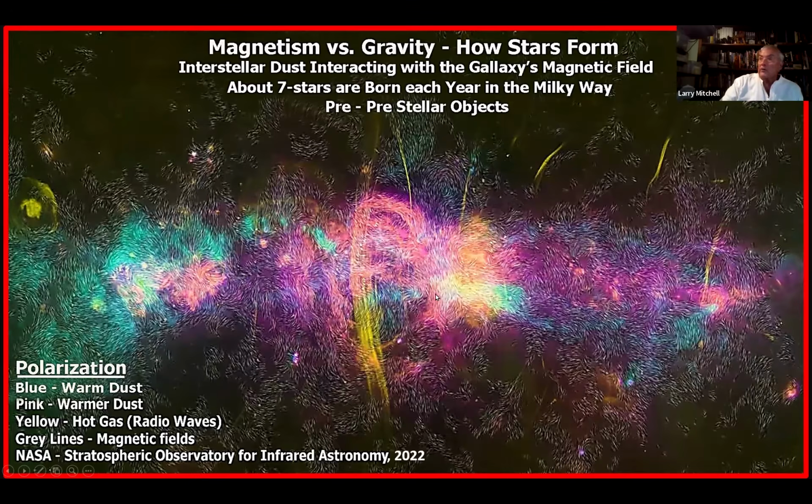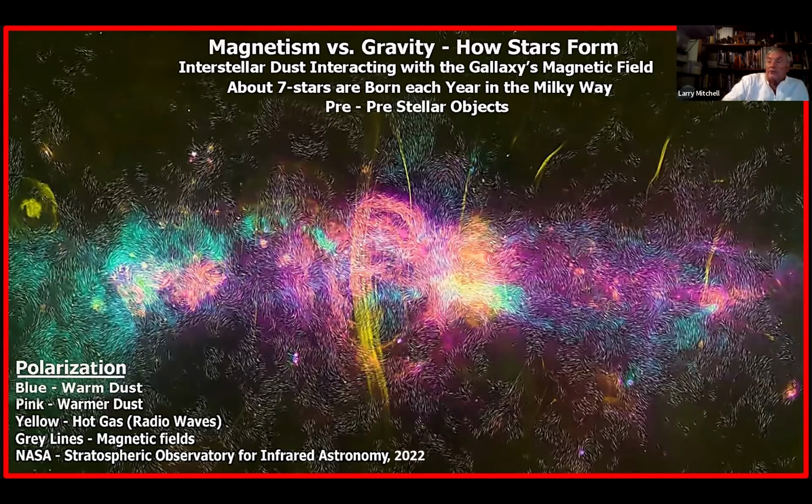But these are polarization magnetic field lines that you're looking at here, and this is absolutely incredible because interstellar dust interacts with the galaxy's magnetic fields, and these magnetic fields will attract dust, and this dust will collect in polarized fashions, lined up to a point until it gravitationally gets large enough that it starts collapsing.